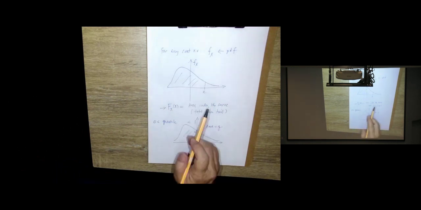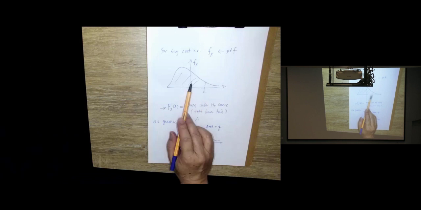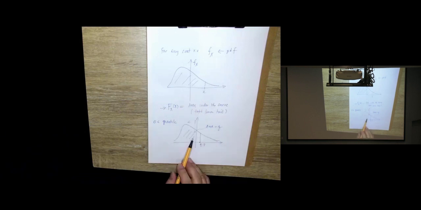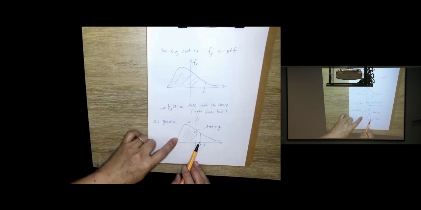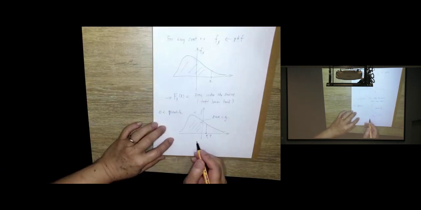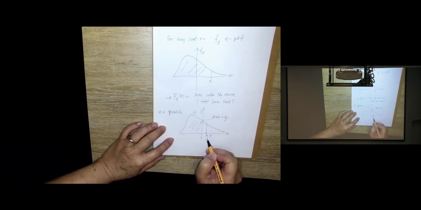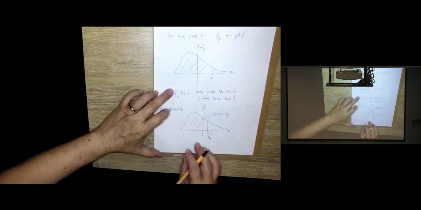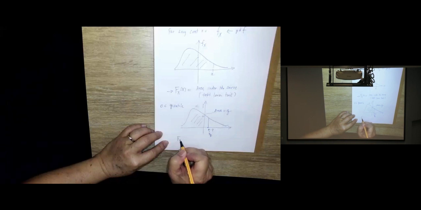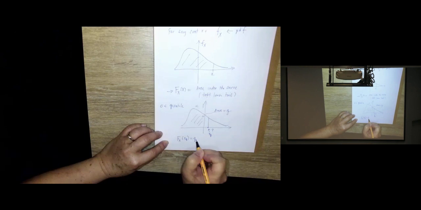Here, you choose your x and then find the area, whereas the quantile is basically solving the equation so that this will give you back this. So for the time being, let us use x sub q. In our slides, we use z, but that is basically a common notation for the normal distribution. So what we are looking for is a number, x sub q, so that this is q.